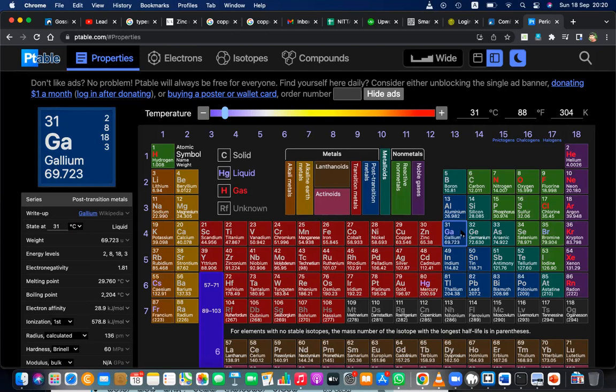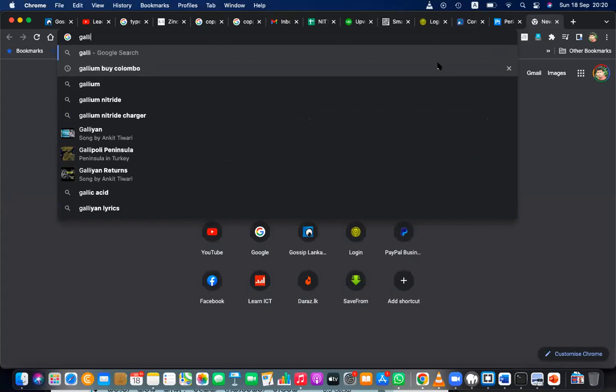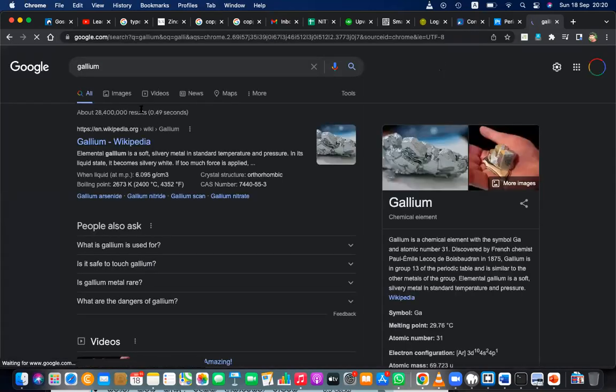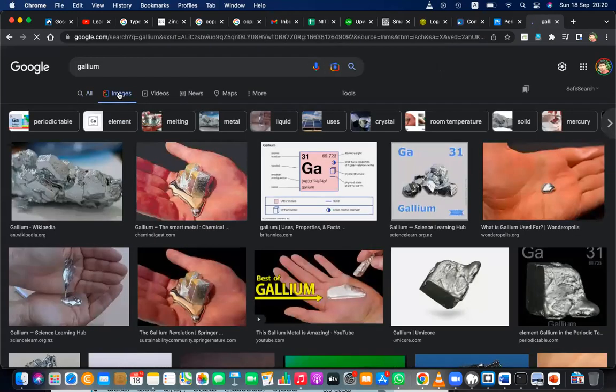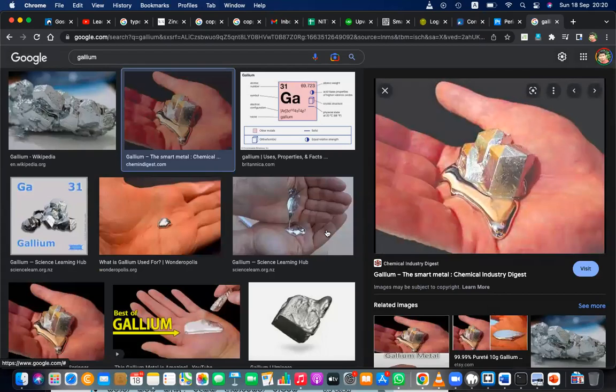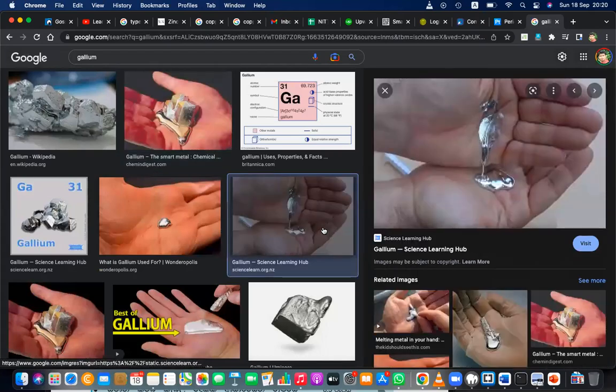Gallium is a metal, therefore I can create different materials. There are interesting videos related to gallium. This is actually a metal, but when you keep it in your hand, it starts melting. It's not poison and it's not damaging your skin.